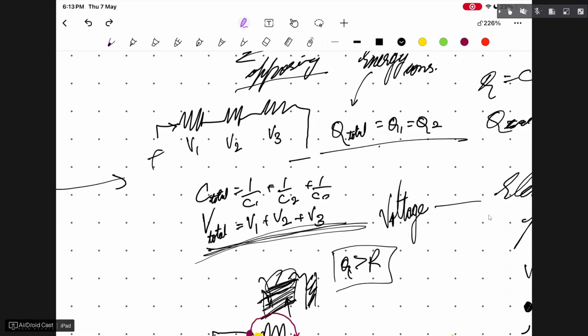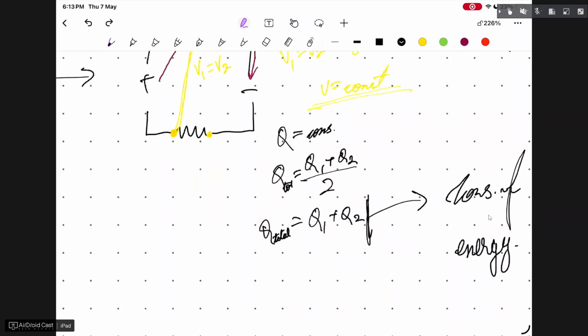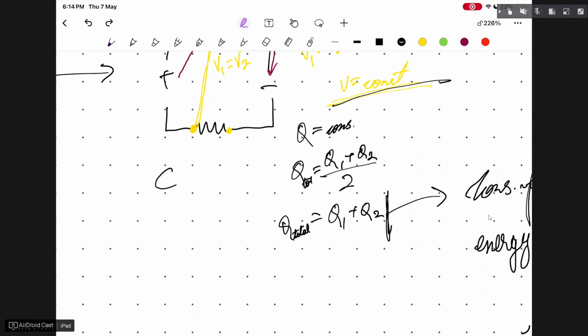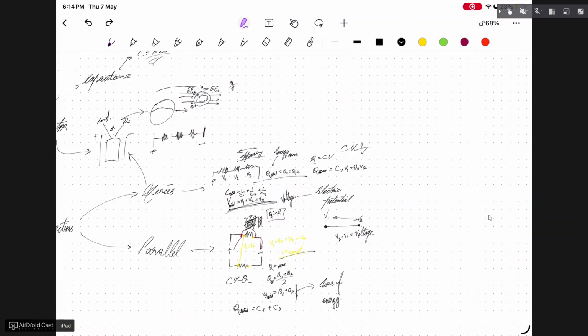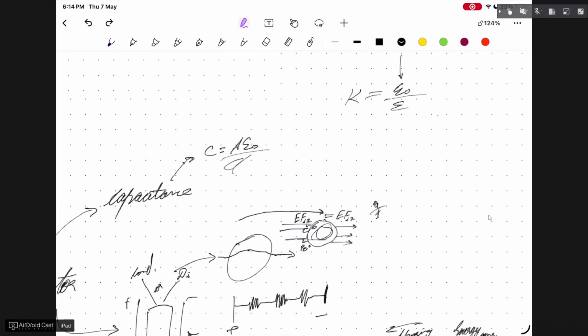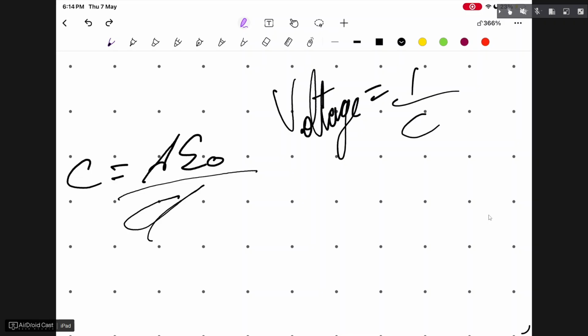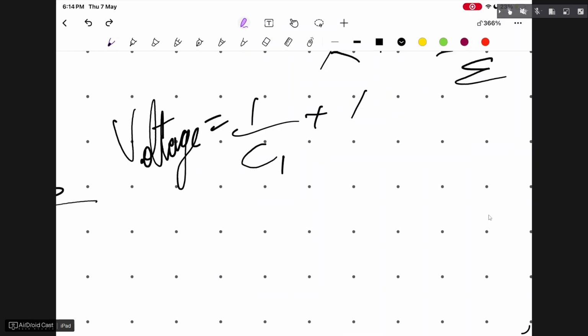And then here, since V is constant, C is directly proportional to Q. So when we are doing Q total, we can calculate using C1 plus C2 and so on. So for this, we'll get 1 by C1 plus 1 by C2.